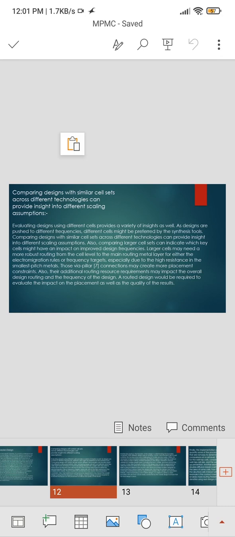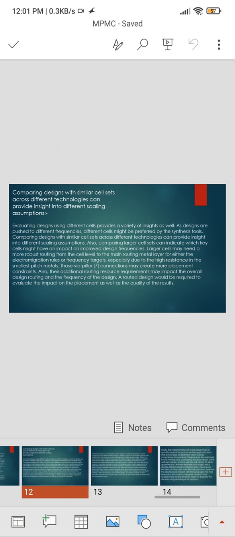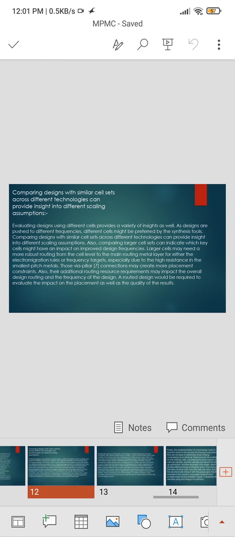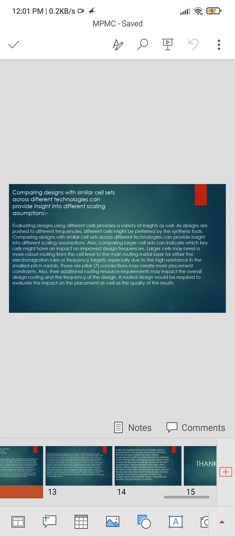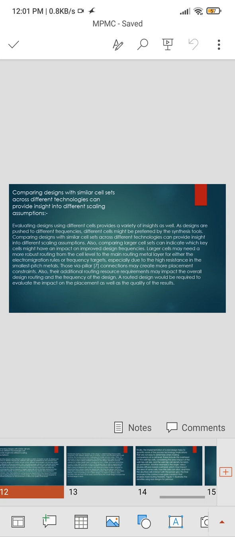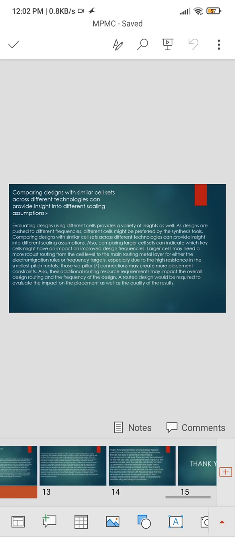Different cells might be preferred by the synthesis tools. Also, comparing large cell sets can indicate which key cells might have an impact and improve design frequency.